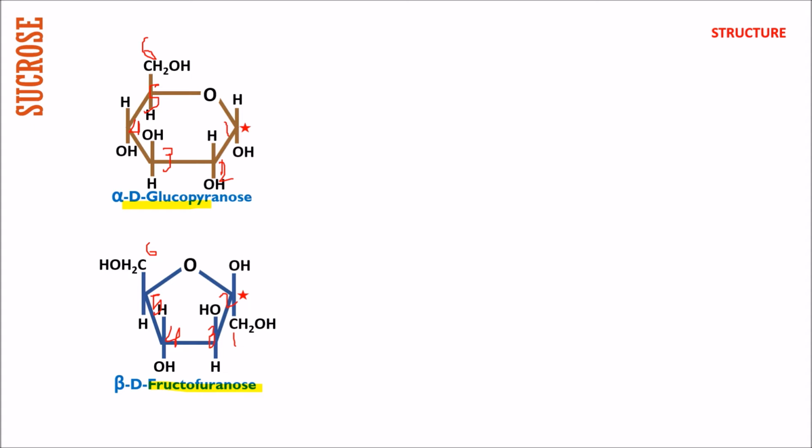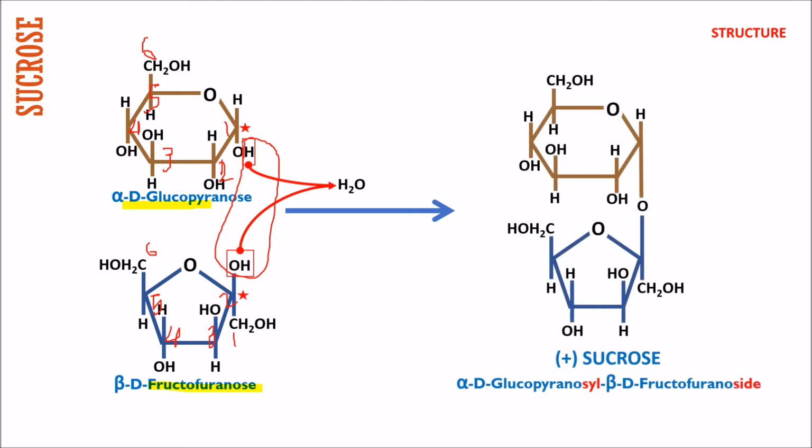So here the anomeric carbons of both the monosaccharides leave one H plus and one OH minus, releasing one water molecule and forming one glycosidic linkage between the two monosaccharide units. That forms the structure of sucrose.